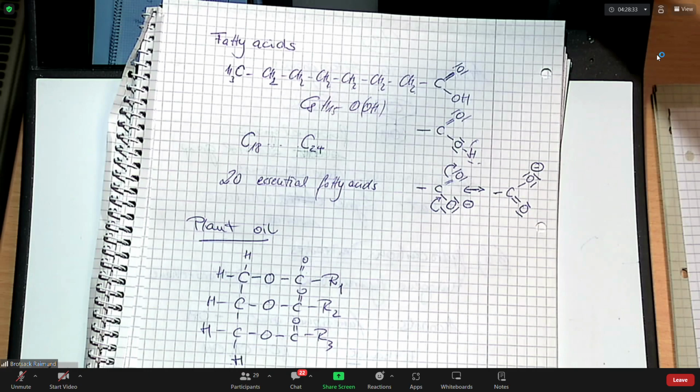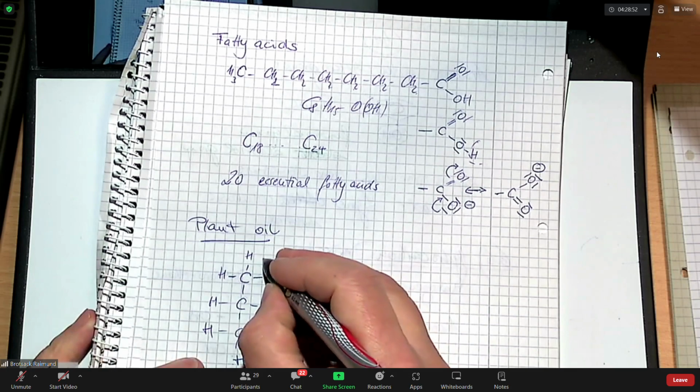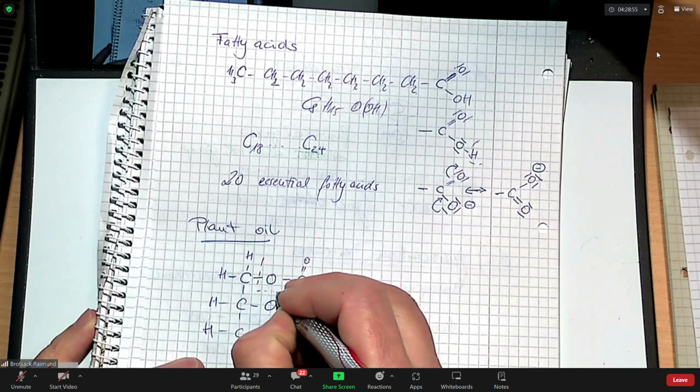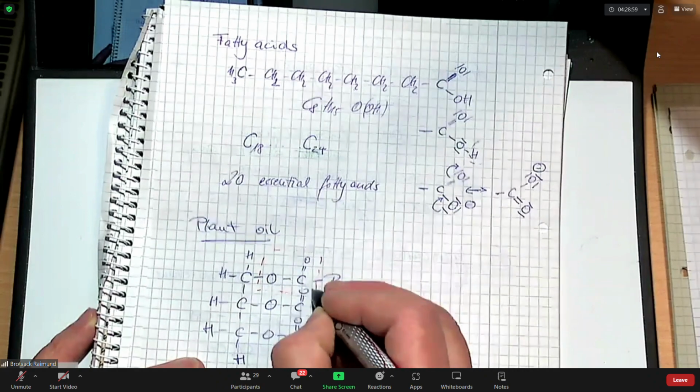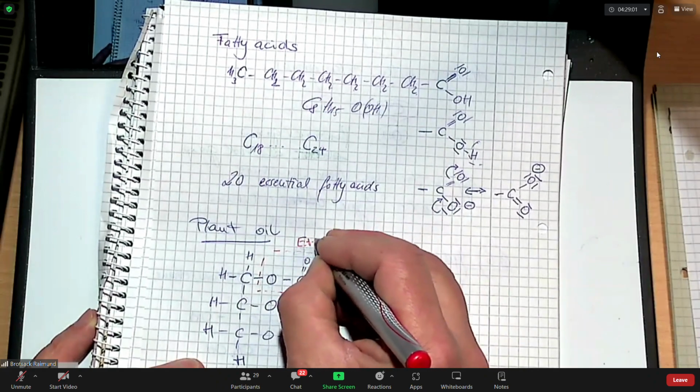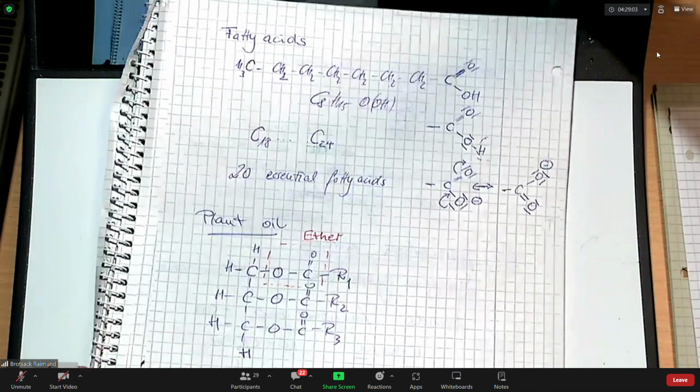And C16, C18, C24, totally different, but that structure comes from the acid. Because a carboxylic acid and an alcohol forms an ether, and when we have this structure, this is an ether.